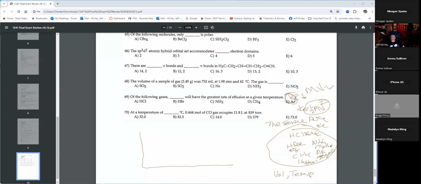My velocity has to be higher. And all these gases have the same average kinetic energy. So the lighter gases are moving faster and the heavier gases are moving slower. So we could say something like this. Here's a heavy gas.